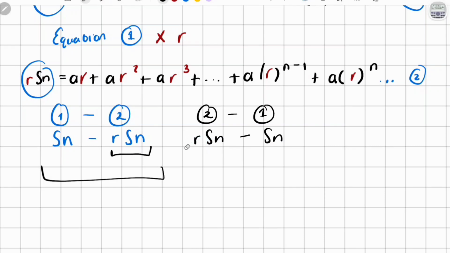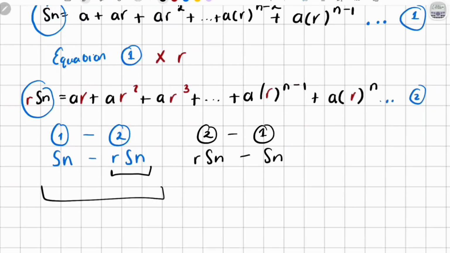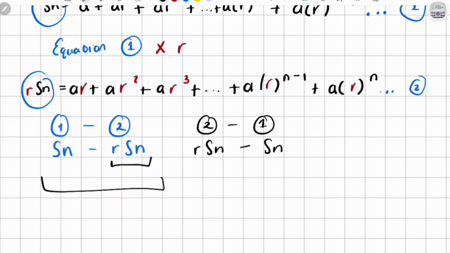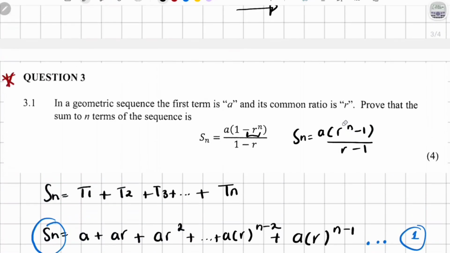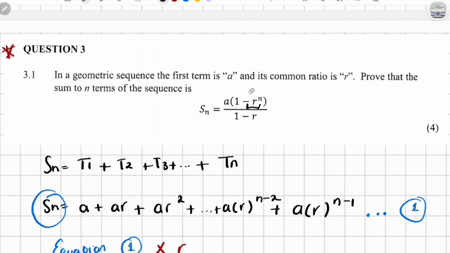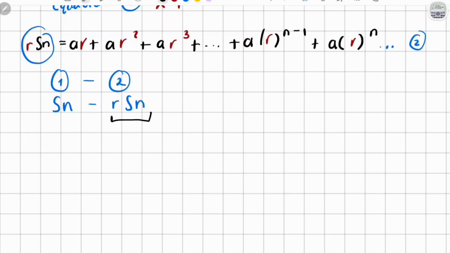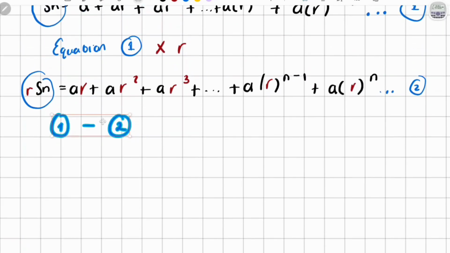You see that the term with r is first, just like here. So you just have to think about that and see what exactly they're asking you for. In this case, they're asking for this one, so we're going to say equation 1 minus 2, and you need to do this on the left and the right hand side of both equations.